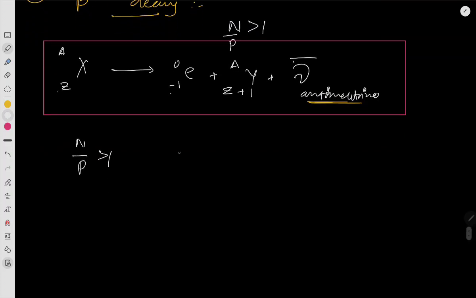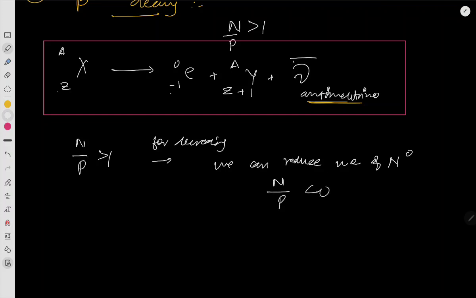So for it to decrease, we can reduce the number of neutrons and further make n by p less than 1.